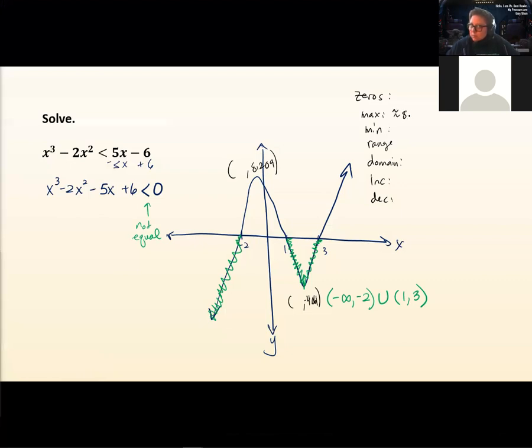Roughly 8.209, roughly negative 4.061. We already have our zeros, right? What are our zeros? The -2, 1, and 3. What's our range? Our range is -infinity to infinity. What's our domain? Same.